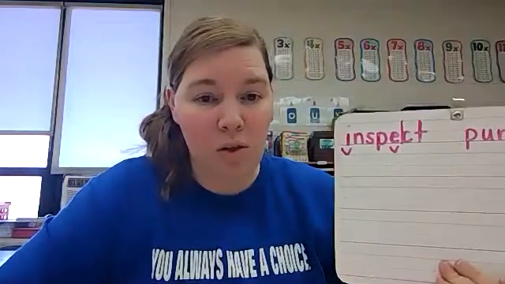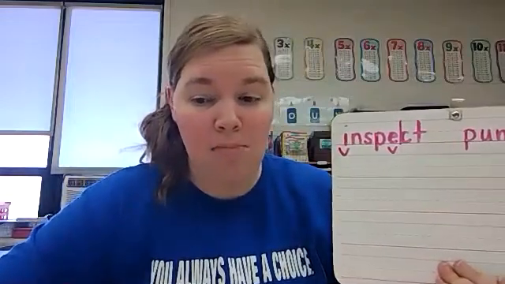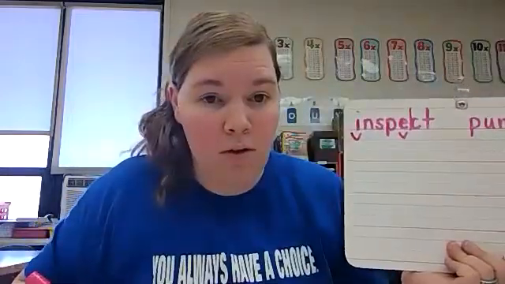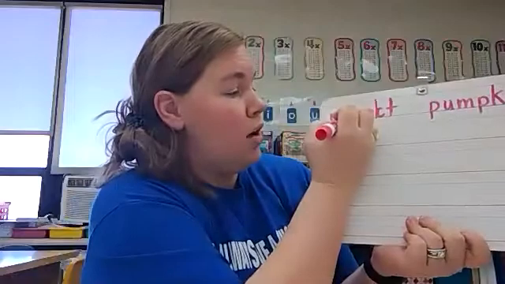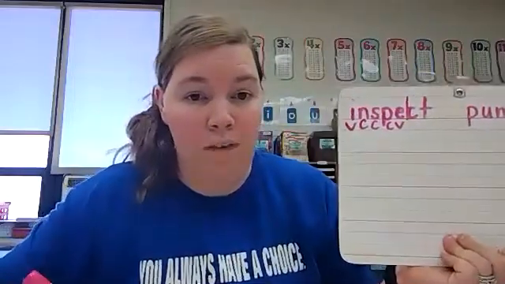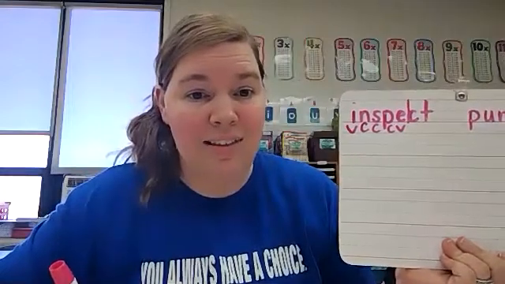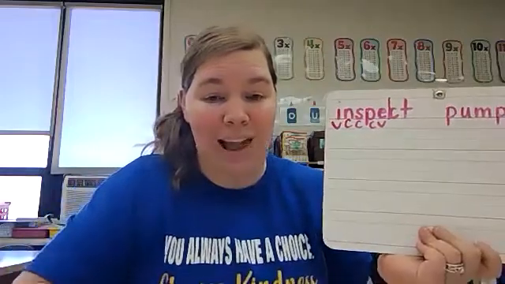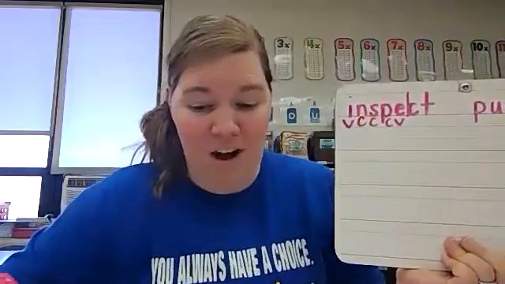And next we're going to look for how many consonants come in between. How many consonants are in between the vowels? There are three. N, S, P. V, C, C, C, V. Whoa. This is a new pattern for us.